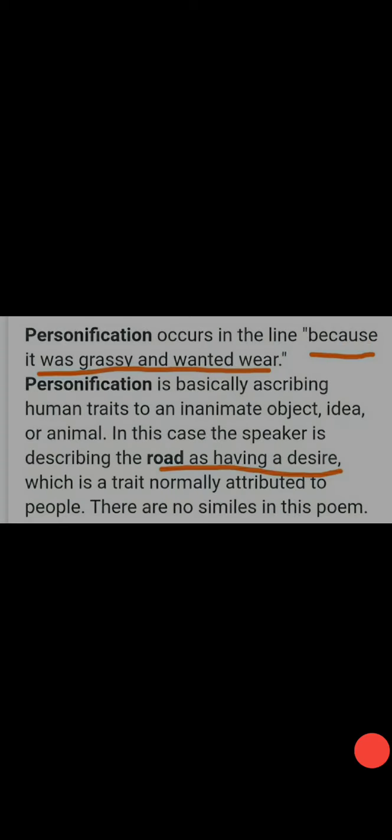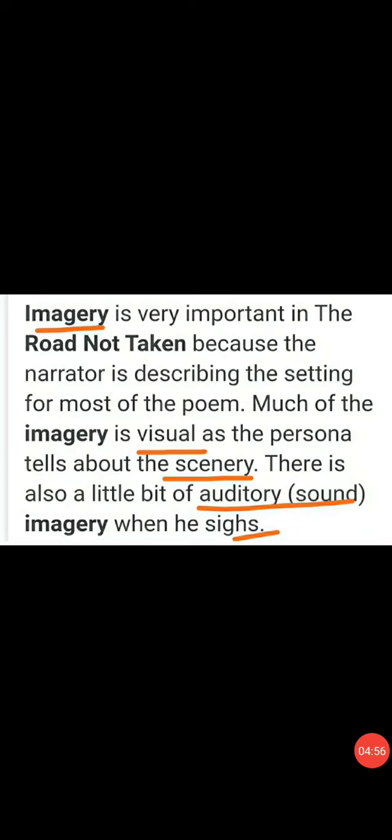Understand? Next is imagery. Imagery is the patterns of images or pictures that come to the mind of the readers from what is read in the poem.